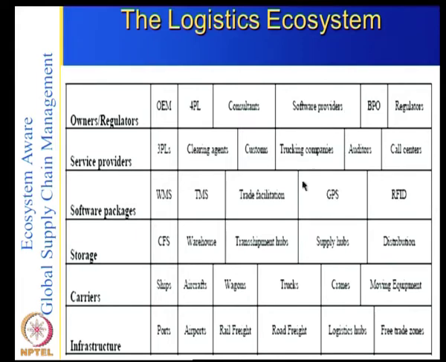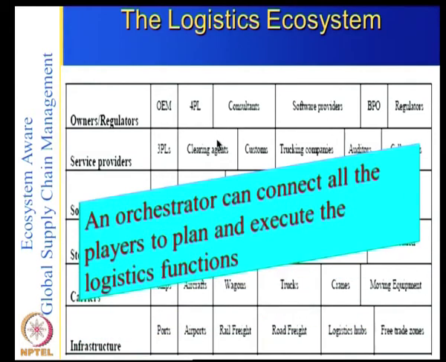So, if you go through this whole thing, your product may go through several of these players. So, for that, you require an orchestrator to connect all the players and plan for this.